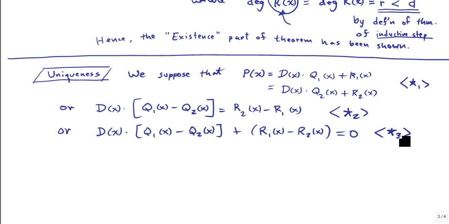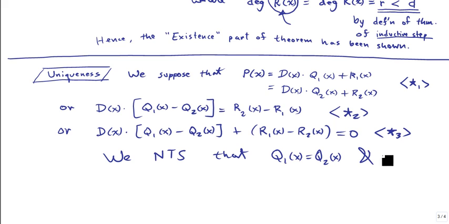So here I have three different ways of writing basically the same thing. We need to show that q1 of x is equal to q2 of x and r1 of x is equal to r2 of x.